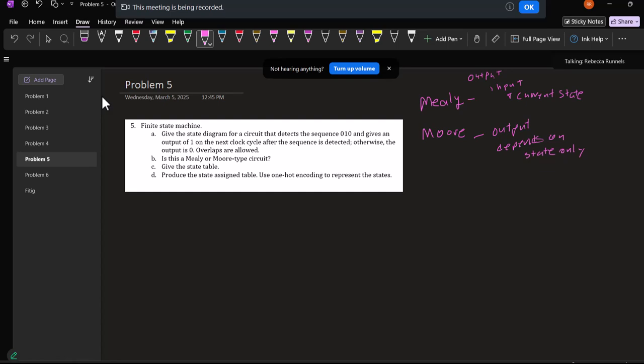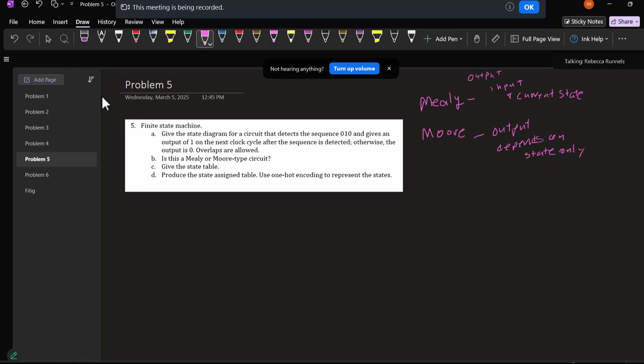So a Mealy machine, the output depends on both the input and the current state. You have to know the state of the machine and the current input in order to know the output. For Moore, you only need to know what state it's in. Okay, so for example, I can't come up with a good example.